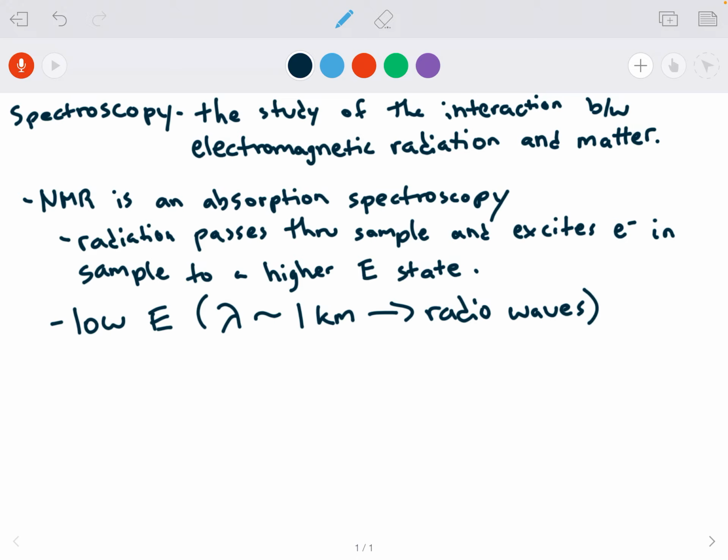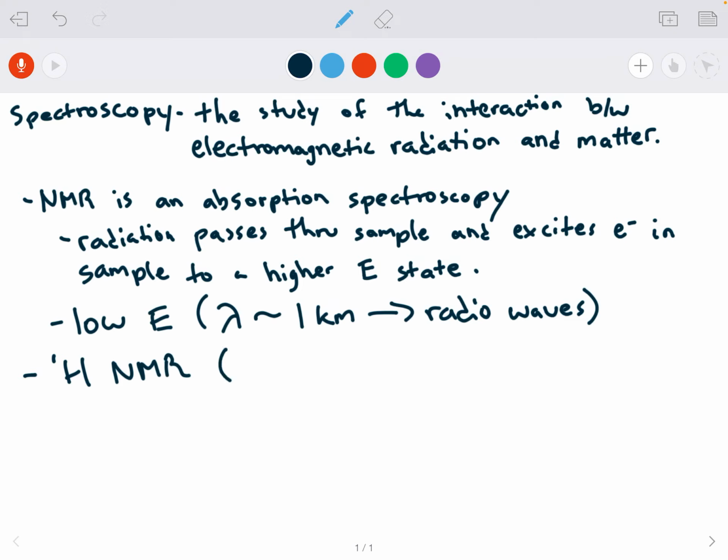And what are you doing with those radio waves? You're getting at the nuclear spin of whatever atom of interest you're looking at in your compound. In general, what I'm going to be talking about is hydrogen NMR. That's the most common one. Most compounds have hydrogen in them.